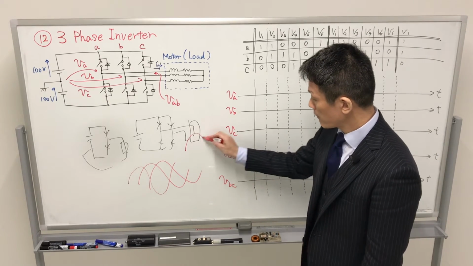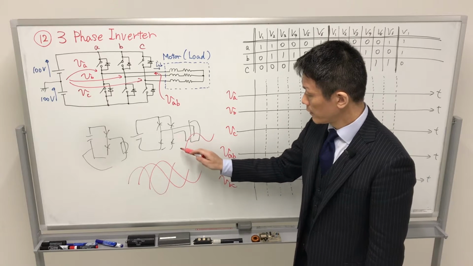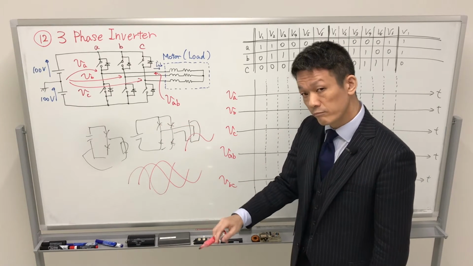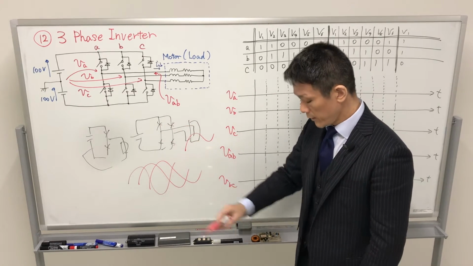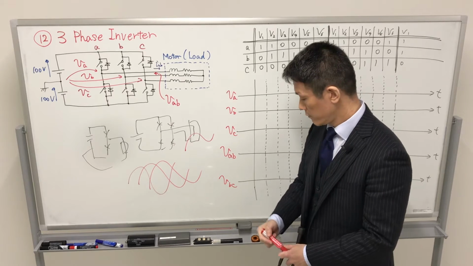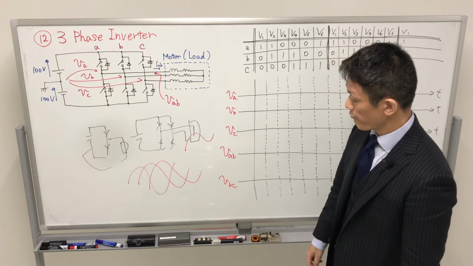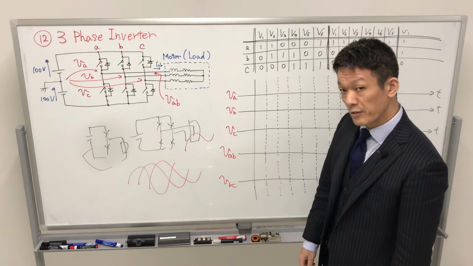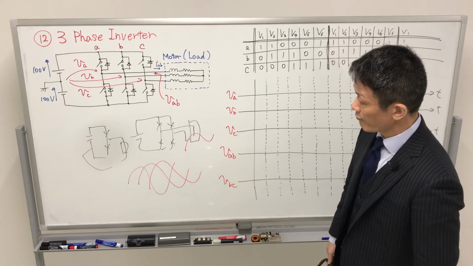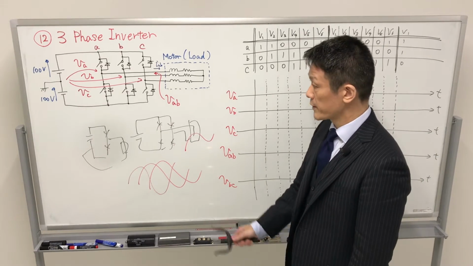One phase current requires 4. So for the three phase, is 12 required or not? The answer is only 6.